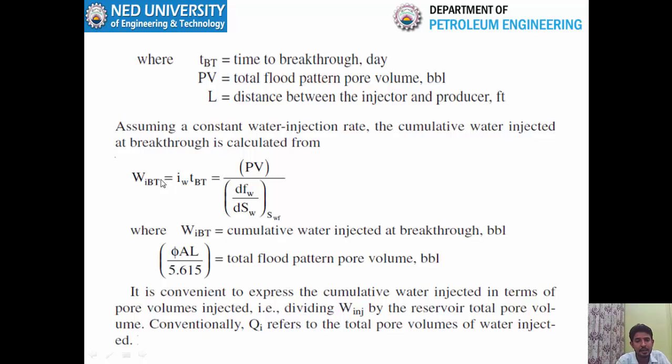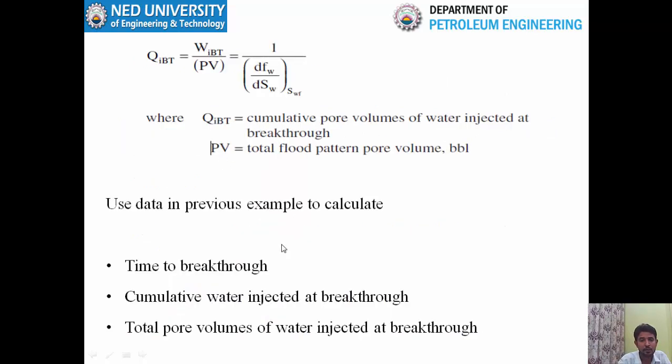So if you want to calculate the cumulative water injection at breakthrough, you can use this equation. Similarly, you can also calculate Q, the cumulative pore volumes of water injected at breakthrough, for which you only need the inverse of the slope calculated at SWF.